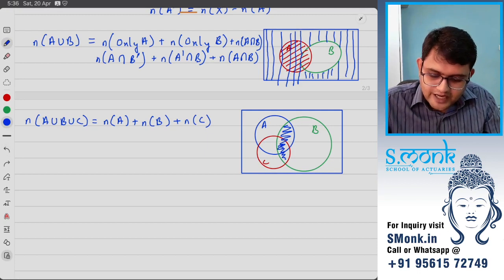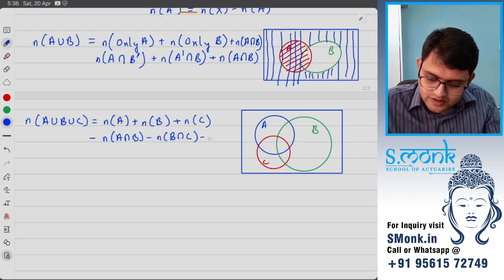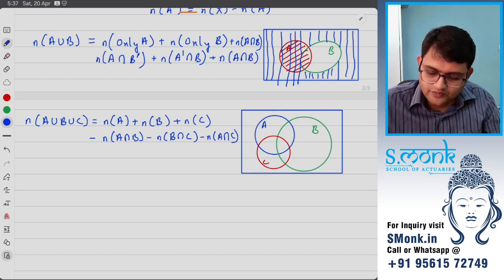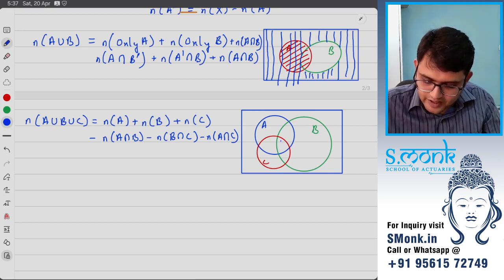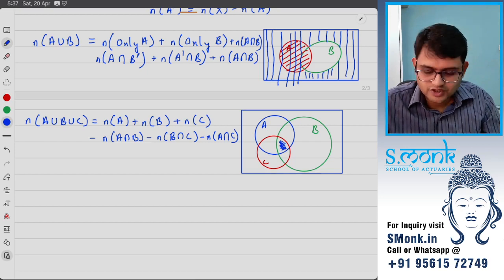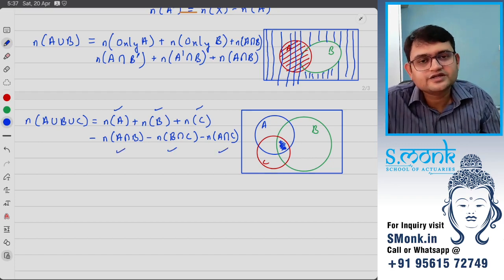So I have to subtract them once: the number of elements in A intersection B, B intersection C, and A intersection C. Now when we subtracted these intersections, the portion common to all three was contained in A, B and C, so we added it three times, and it was contained in the pairwise intersections, so we subtracted it three times.